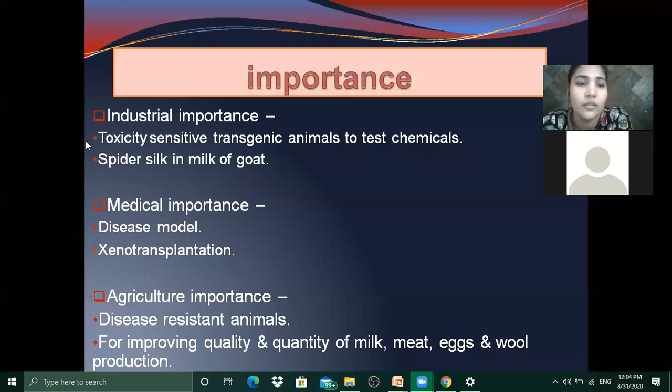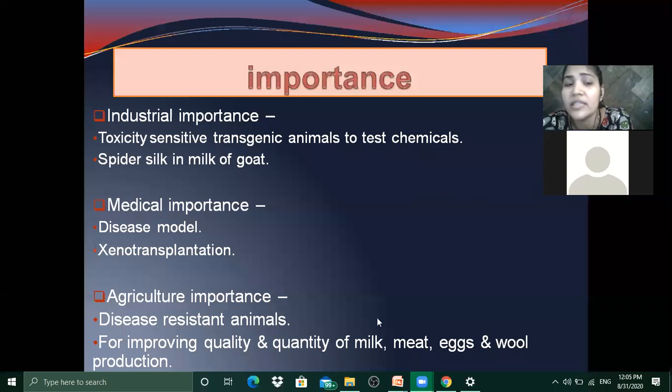Okay. So disease models, xeno, and also knockout mice can be made. What we mean by knockout mice is that you don't want a particular gene to be present in the mouse. So you can make some genetic transformation. You can delete that particular gene from the embryonic cells itself and then allow that mouse to grow without that gene.